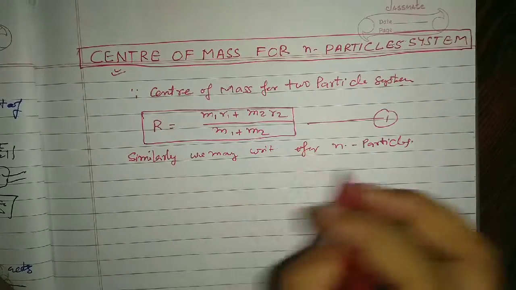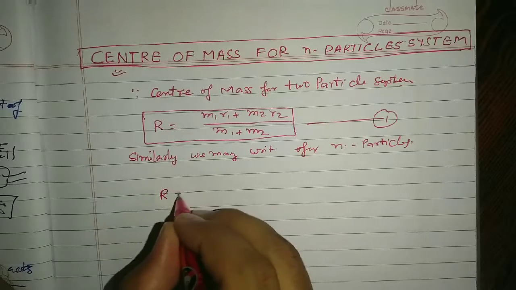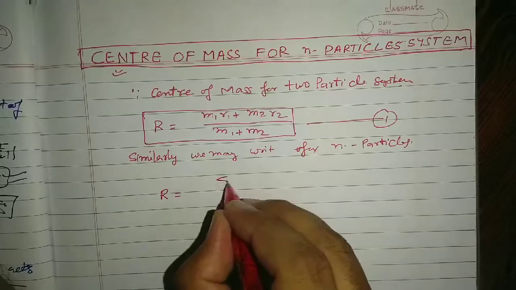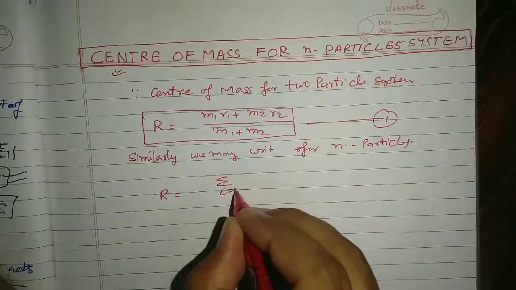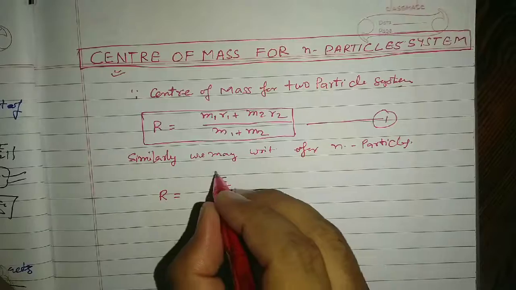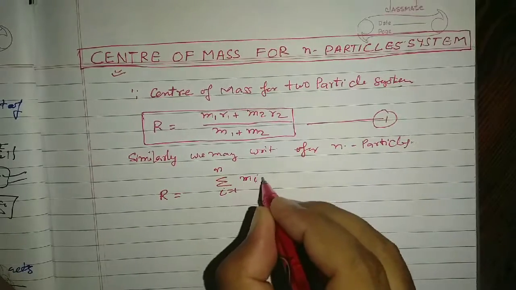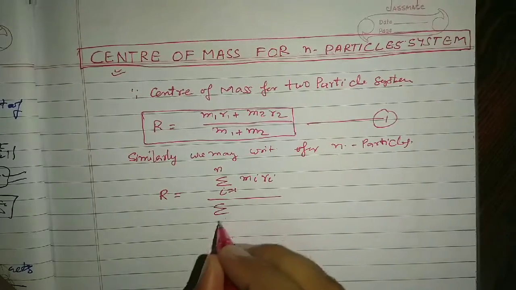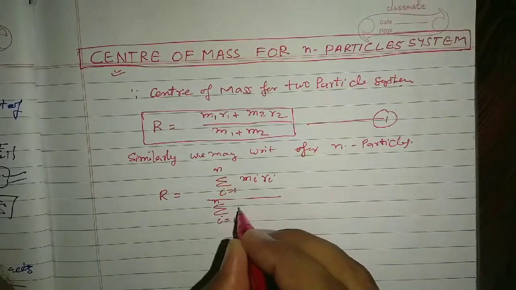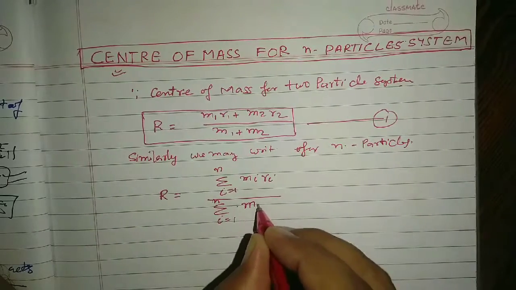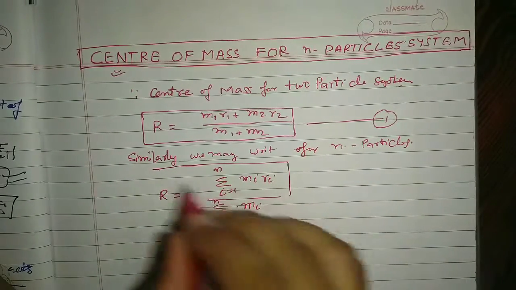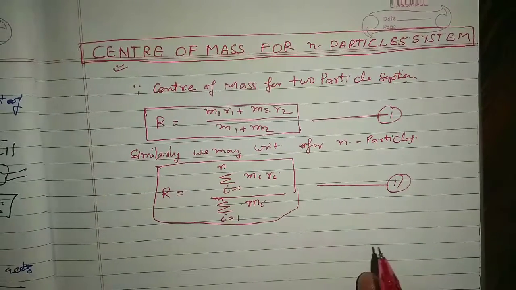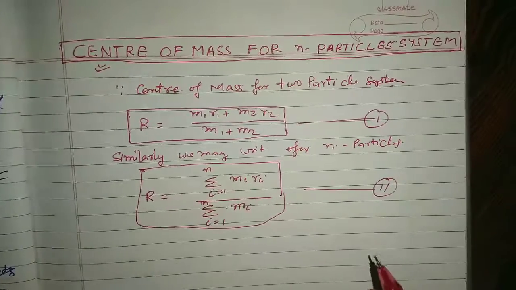For an n particle system, the position vector for center of mass from a frame of reference is R equals summation i is equal to 1 to n mi ri by summation i is equal to 1 to n mi. See very carefully, if more than two particle system is given, this equation can be written as this.